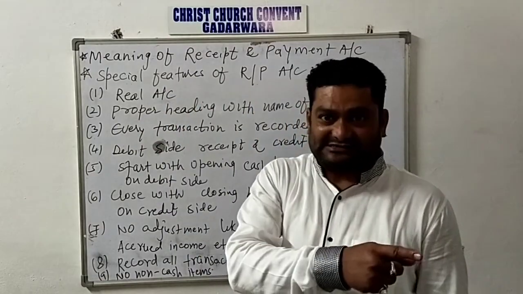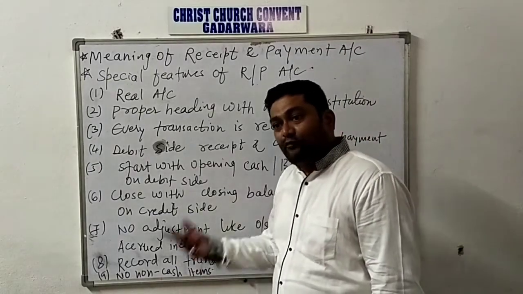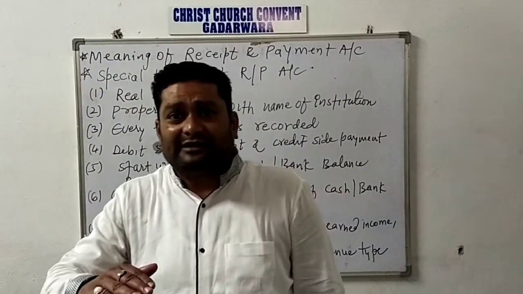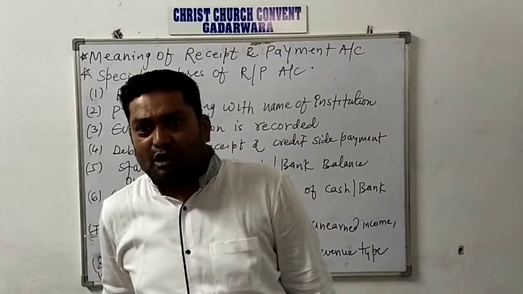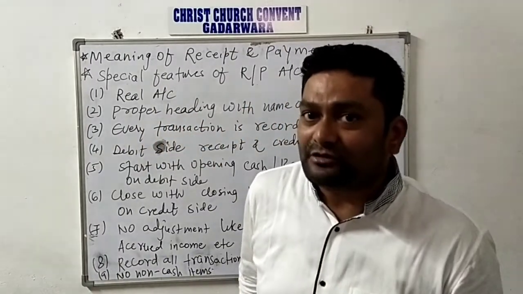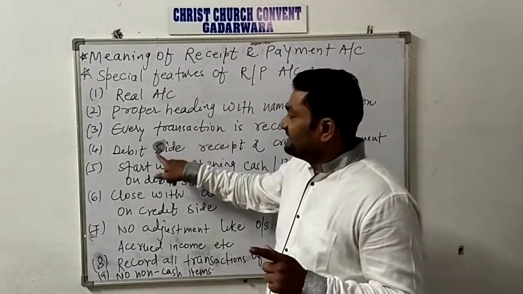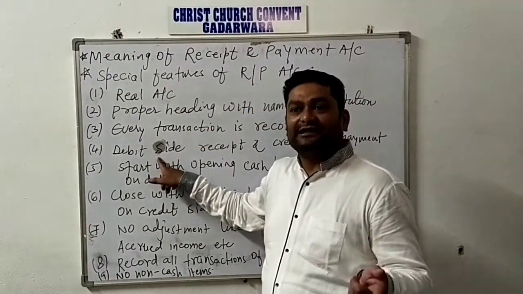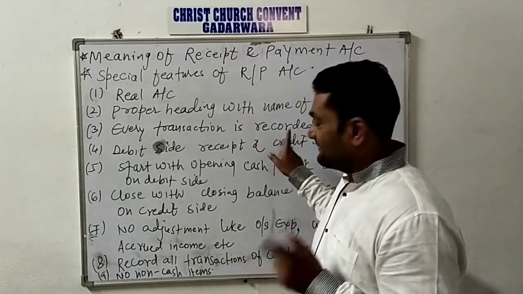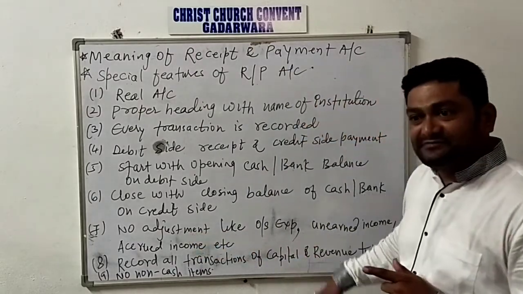It will always have a debit balance. Why? Because no one can spend more than incoming. Outflow cannot be more than the incoming. Whatever you have in your pocket, you cannot spend more than that. If you have 10 rupees, how will you spend 12? Understand? So receipt, that is the debit side, is always greater than the credit side.